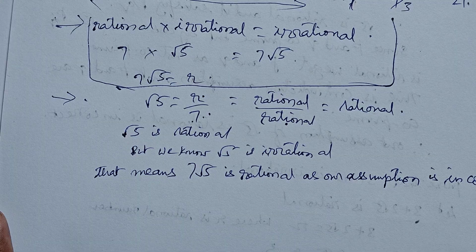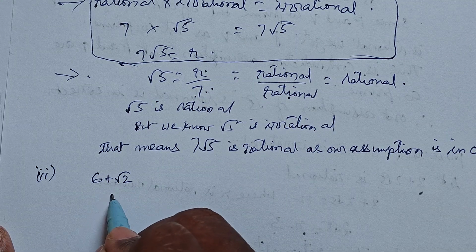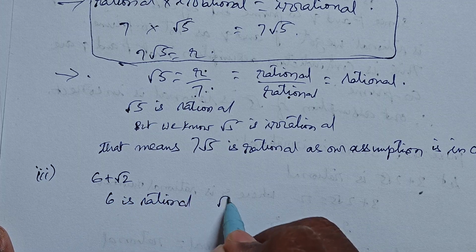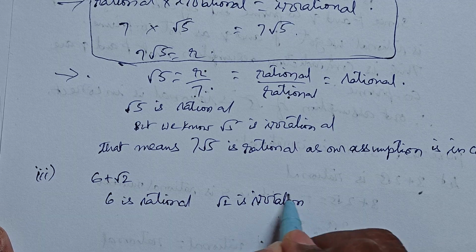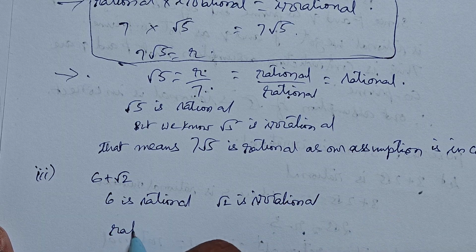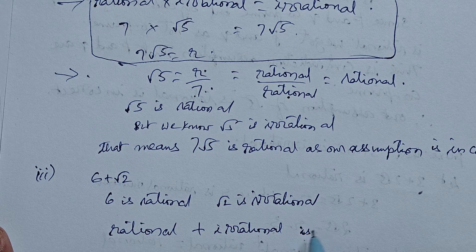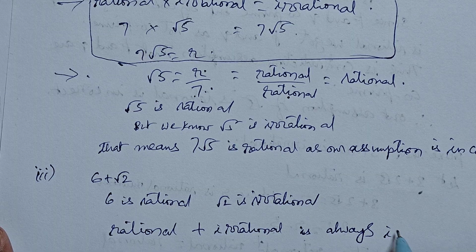Okay, next problem. So 6 plus root 2. 6 is what? 6 is rational. Root 2, we know clearly, is irrational. And if you recall the properties, rational plus irrational always gives irrational only.